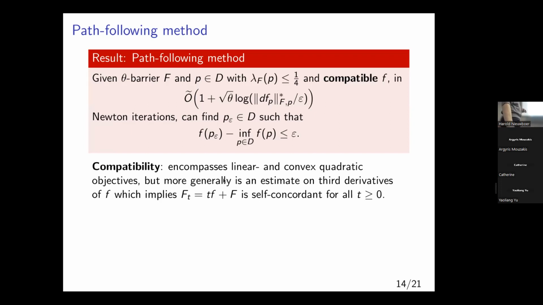This is automatically true for linear and convex quadratic functions, because their third derivatives are 0, so proving self-concordance doesn't get any harder. But you can do something slightly more general, which is also useful for applications. And this compatibility notion is also useful for constructing barrier functions.